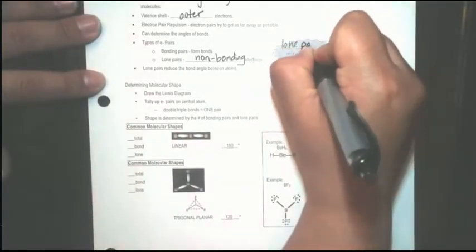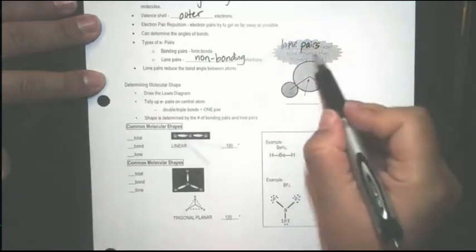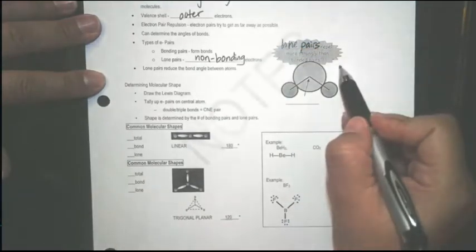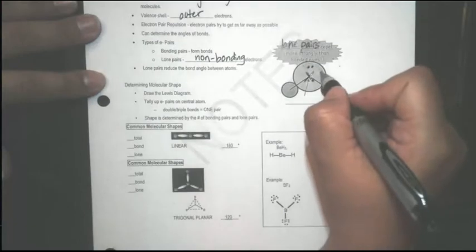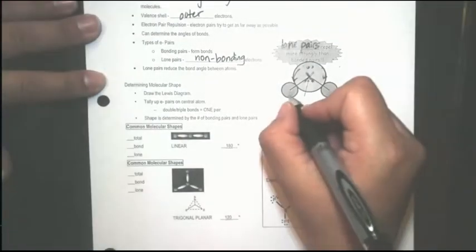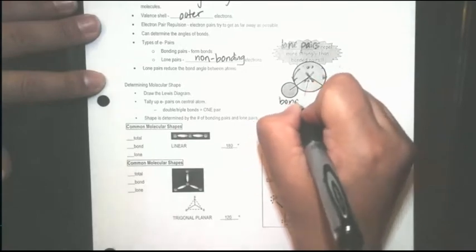Lone pairs repel more strongly than bonded pairs. So let's say I have an element here, let's say this is X, and there's a lone pair on it. The lone pair pushes these bond angles down. So this here is the bond angle.